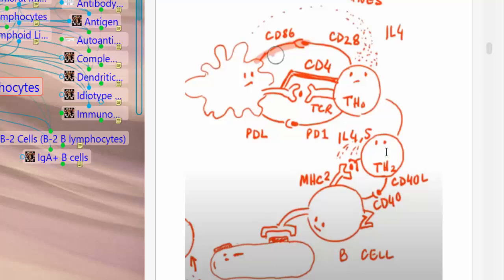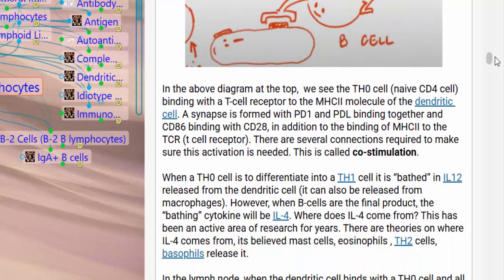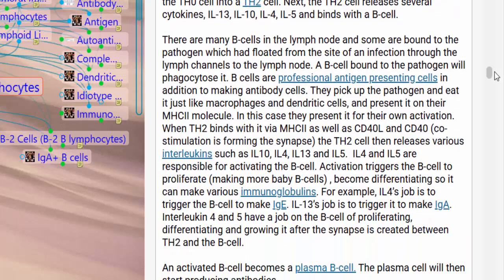And that cell, again, with the presence of interleukin 4 and a few other components from the complement system, can then activate this B cell, and you see there the MHC2 arm again. All these things are connecting up. Now the B cell is finally ready to connect to the antigen here on this pathogen to either destroy it or tag it. This section gives detailed breakdown of what's happening there.